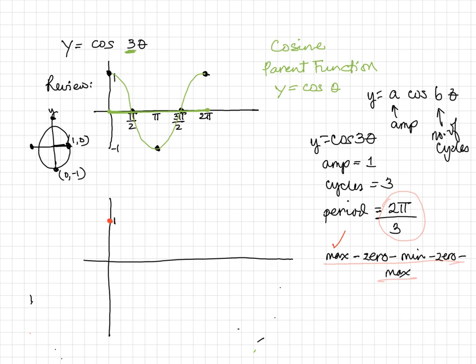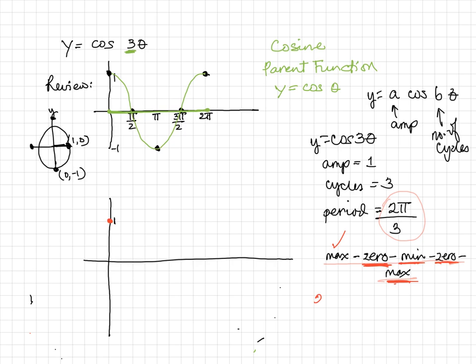Now the difference is, where will I place 0, minimum, 0, and then maximum? I have to make sure that cycle is done when it reaches 2 pi over 3.